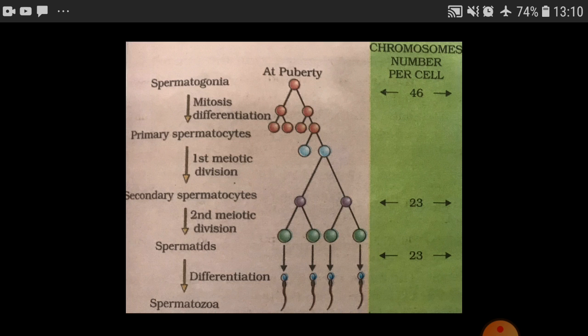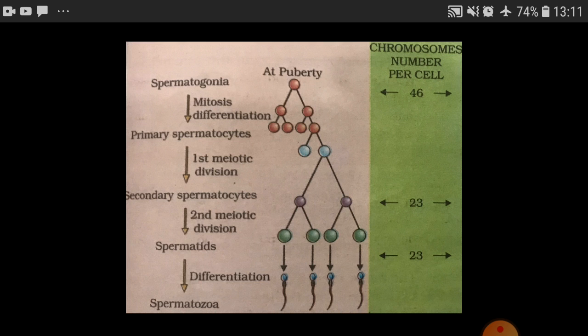A primary spermatocyte completes the first meiotic division, that is the reductional division, leading to the formation of two equal haploid cells called secondary spermatocytes, which have only 23 chromosomes each. Is that clear? So the secondary spermatocytes undergo the second meiotic division to produce 4 equal haploid spermatids.